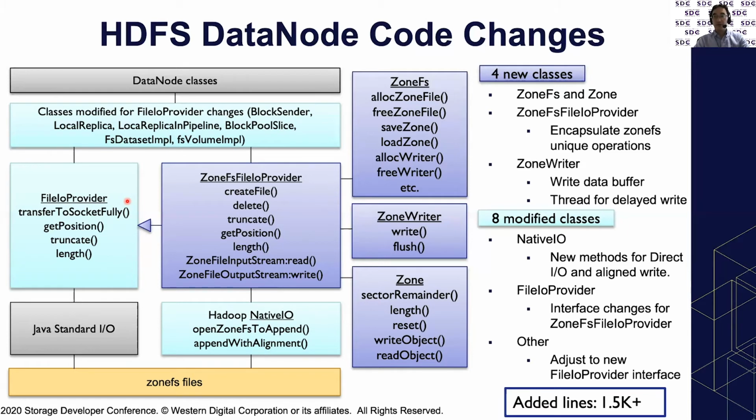This wrap-up design can be reused for zonefs support. Zonefs files require unique operations. To hide those uniqueness, I added the new class zonefs File IO Provider, which extends the File IO Provider class.